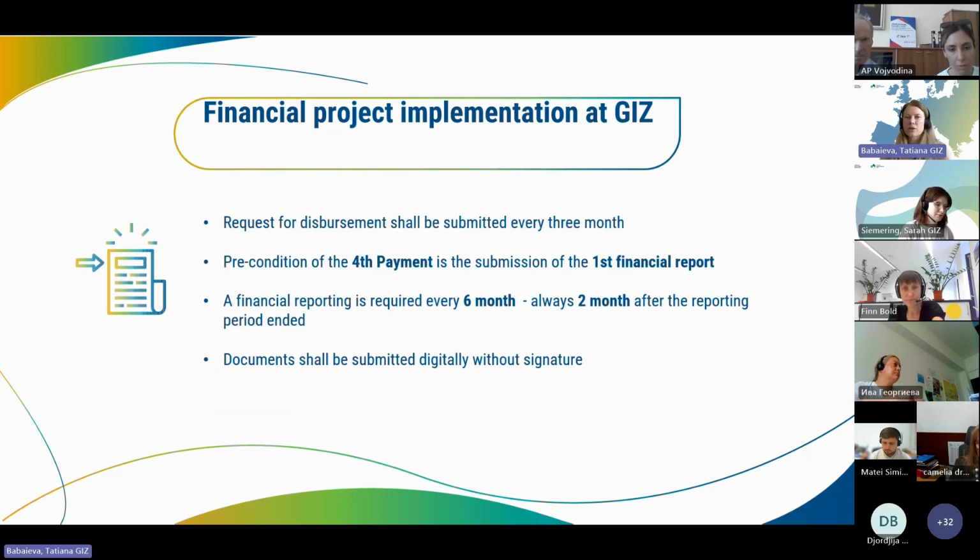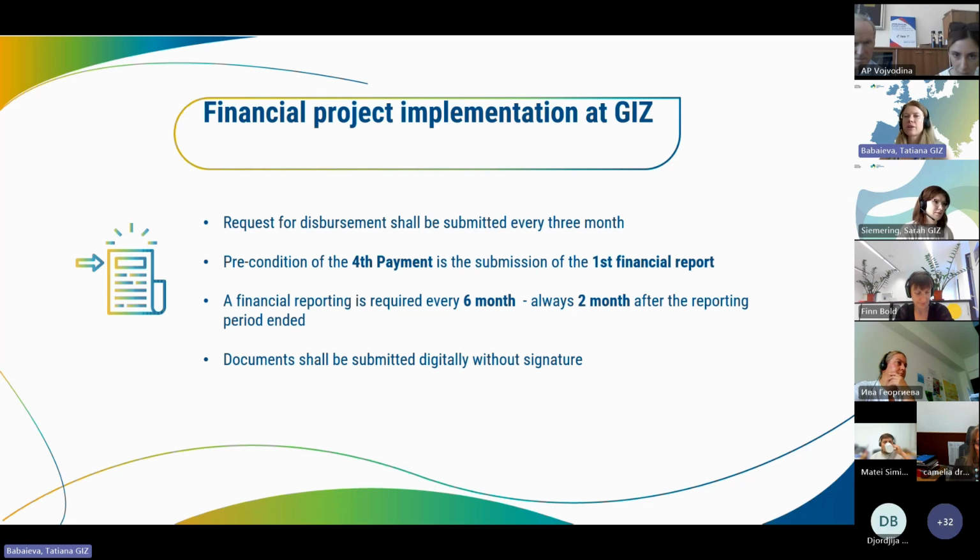Once you have received a contract from GIZ, you will have to submit a request for disbursement on a regular basis. This means every 3 months. Precondition for the first payment, the period 4, is the submission of the first financial report from periods 1 and 2.